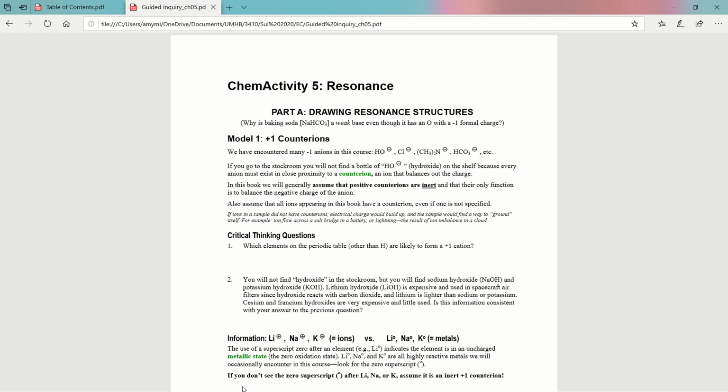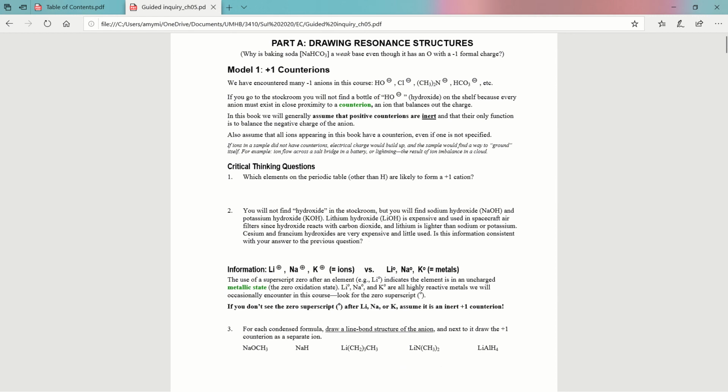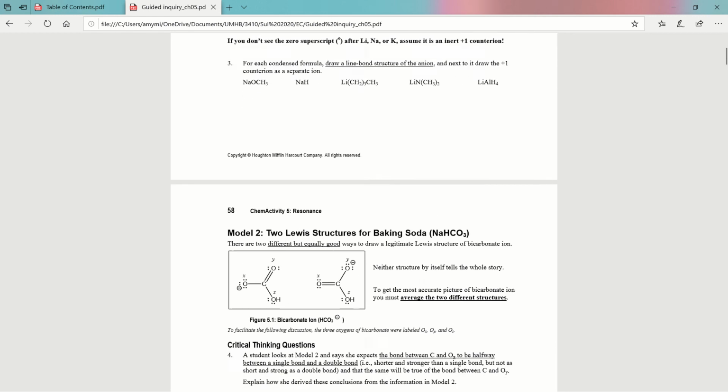This exercise is on resonance learning. It's supposed to help you work through the capability of drawing resonance structures through logical properties that you are already aware of. So part A is drawing resonance structures.